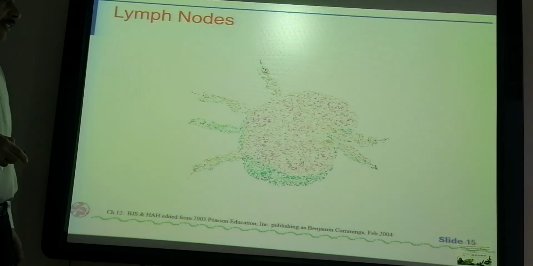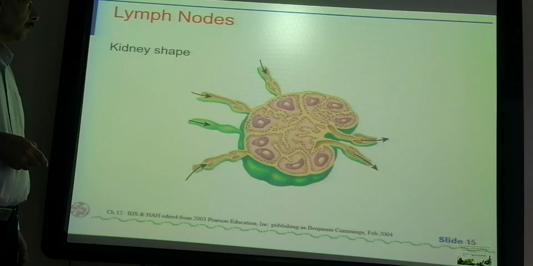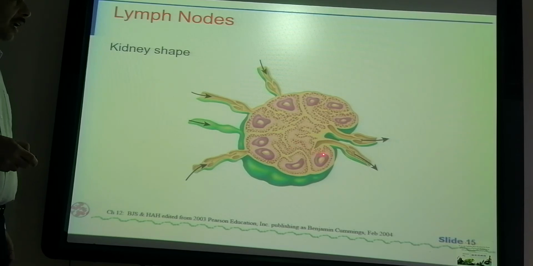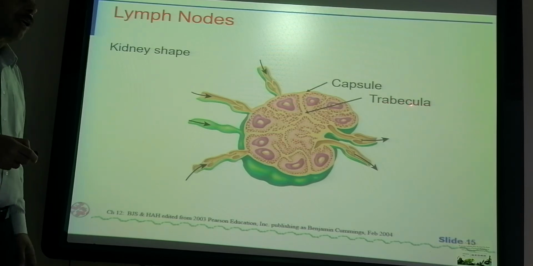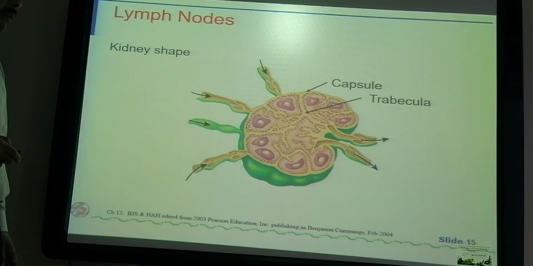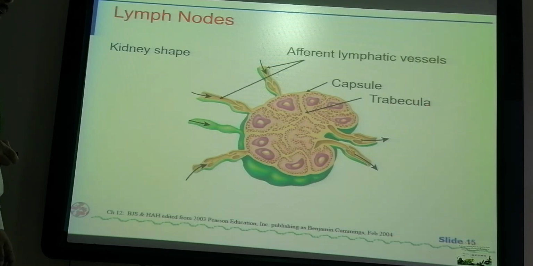The lymph node structure is like a kidney shape or peach shape. If you see here, there are the afferent and efferent vessels, and this is the capsule of the lymph node, and this is the trabeculae inside the lymph node.